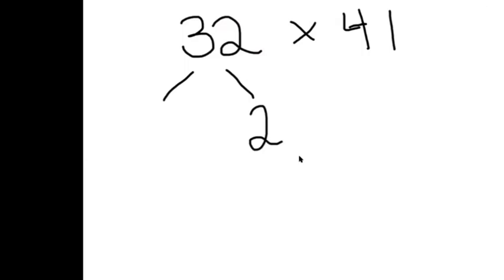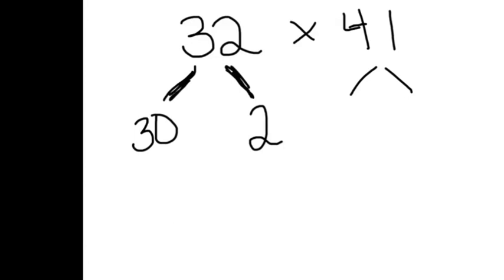And how many tens do I have? Bella. 30. I have 3 tens, which is equal to 30. Exactly. Who can break apart 41 for me? Okay, we know 32 we could break apart to 3 tens, which is equal to 30, and 2 ones, which is equal to 2.